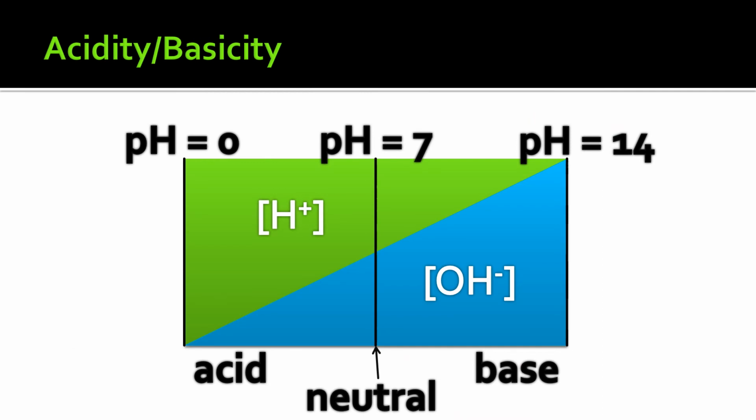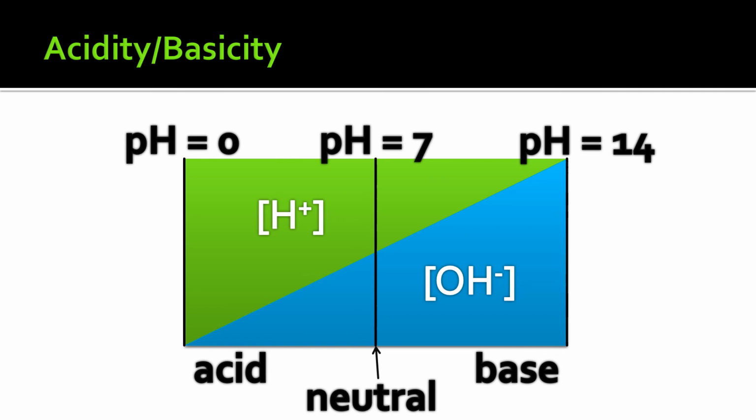So this graphic that you guys see right here, y'all, can be found next to the box that says what is pH. So label as you guys see it. The left-hand side is pH is equal to 0. In the middle, pH is equal to 7. And on the right-hand side, pH is equal to 14.